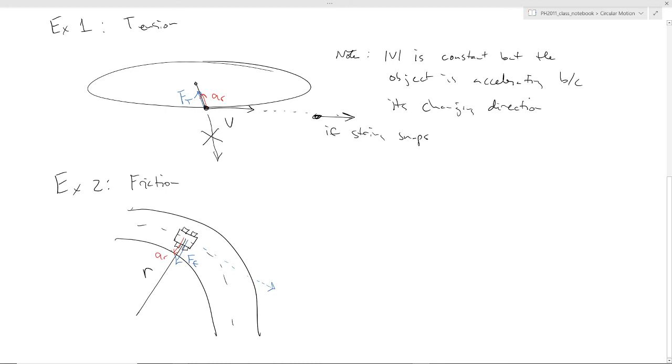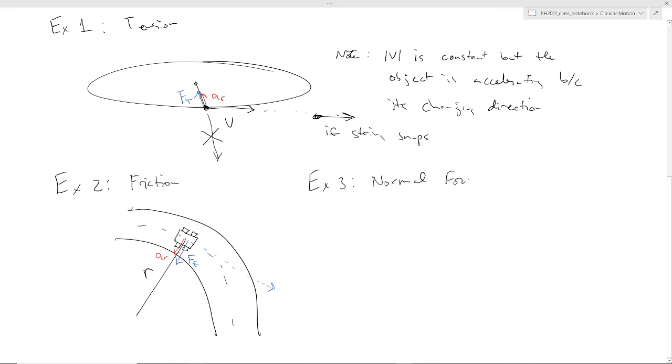So I mentioned this, and we'll work a problem or two that involves friction as another example of a force that can provide a centripetal acceleration, and it connects back to the first section of this chapter. So another force that can provide this centripetal acceleration is actually the normal force.